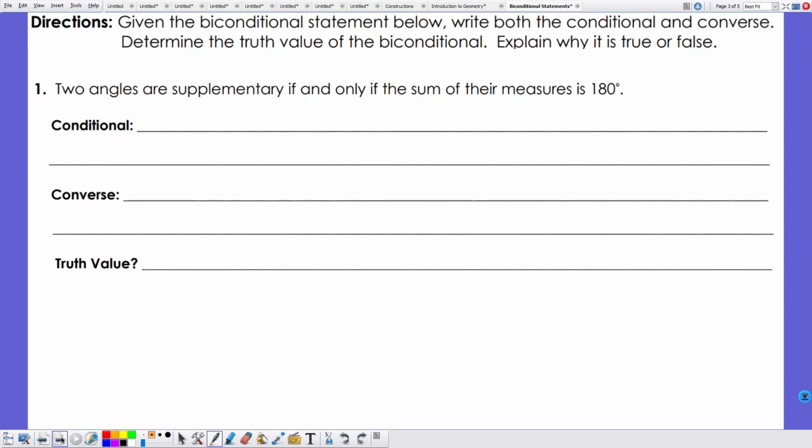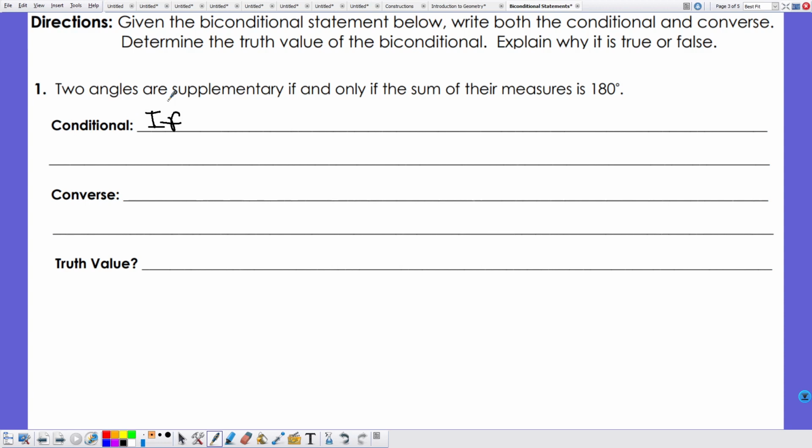So, again, we're just going to break it down. The forward direction is relatively simple. You just start out with if. If, take the hypothesis, your P value.